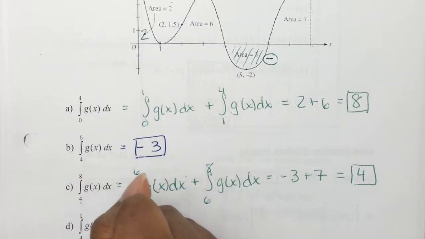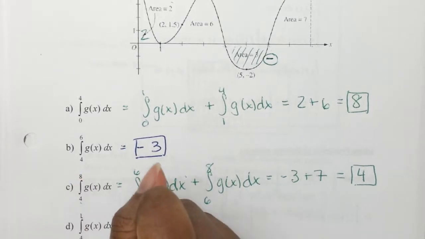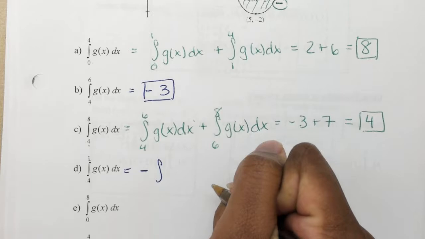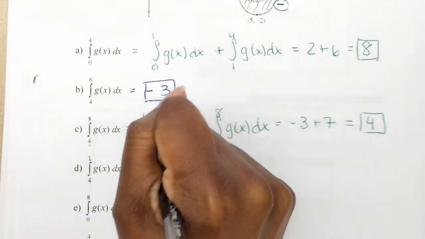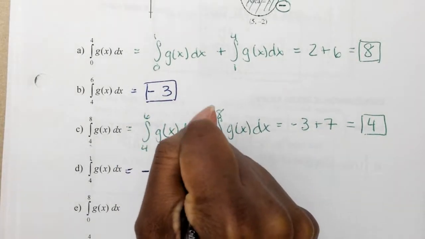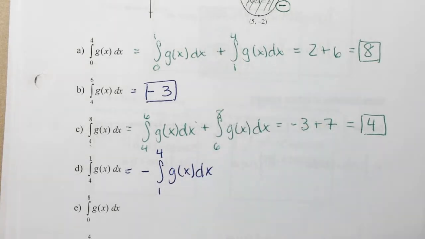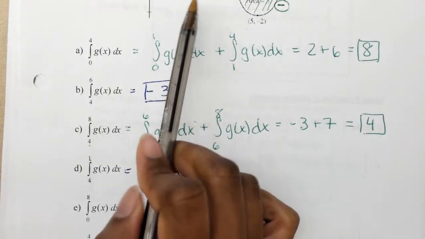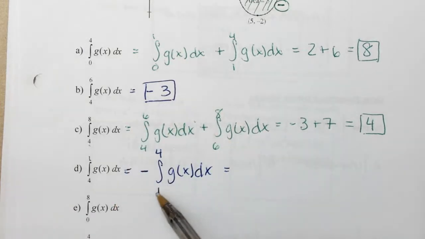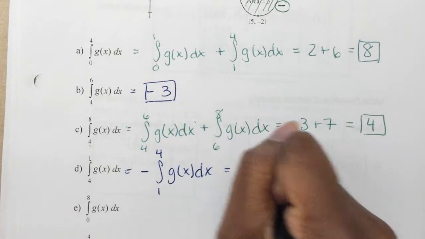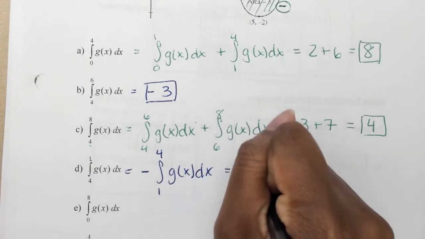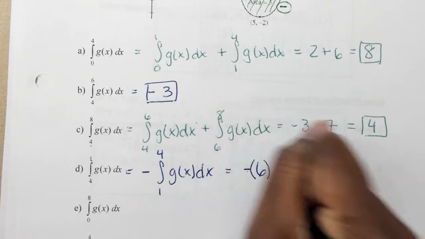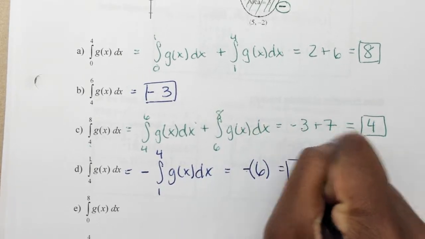So this actually means we want the opposite of the area from 1 to 4, g of x dx. So the opposite of the area from 1 to 4 would give me negative 6, right? The opposite of 6, which is negative 6.